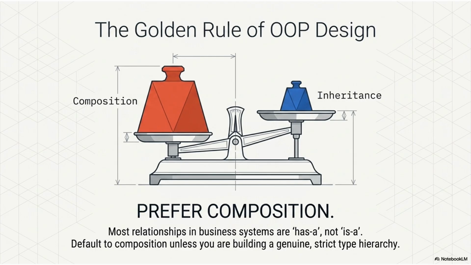Inheritance creates tight coupling between parent and child classes. Changes to the parent cascade down to all subclasses, often in unexpected ways. A deeply nested inheritance hierarchy becomes impossible to reason about. Composition creates looser coupling. The containing class interacts with the contained class only through its public interface, and changes to internal implementations don't propagate unless the interface changes.